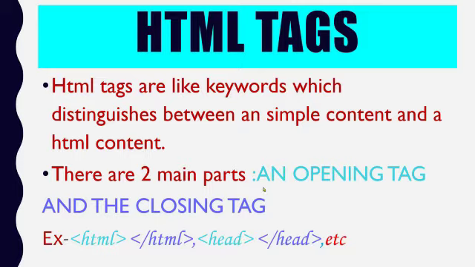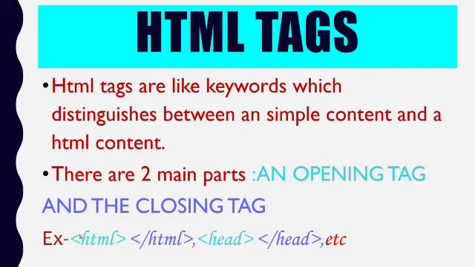Here you can see the opening tag is in sky blue color. These two here are the opening tags, and this is a little darker blue. These two over here are known as closing tags.